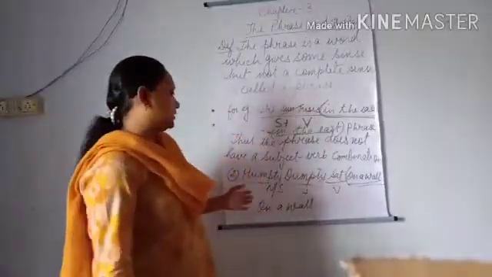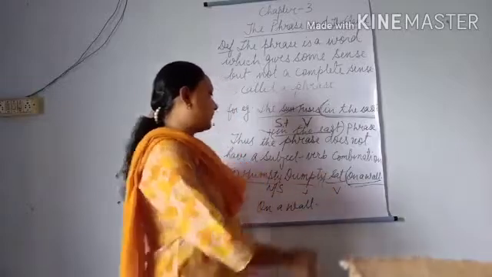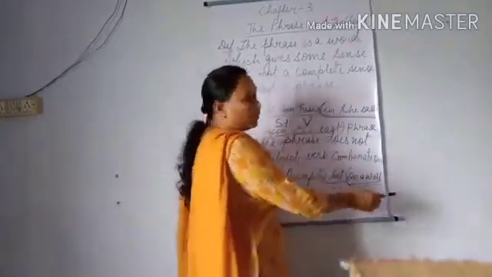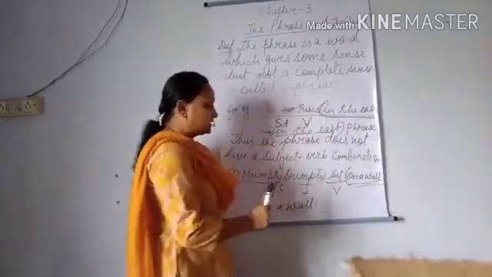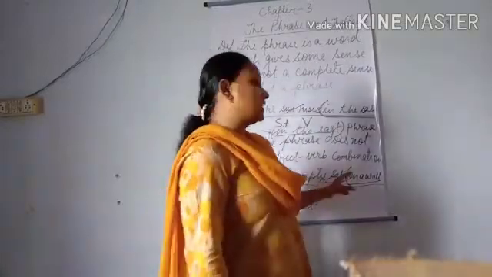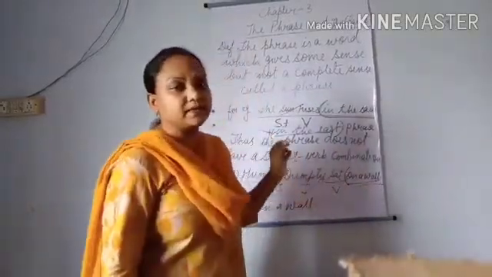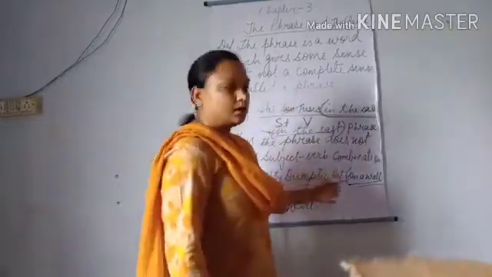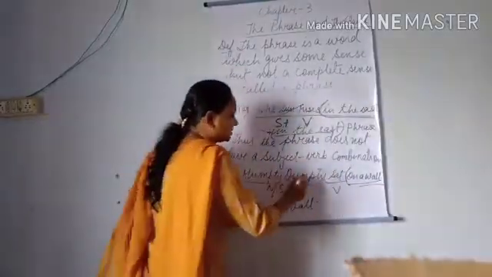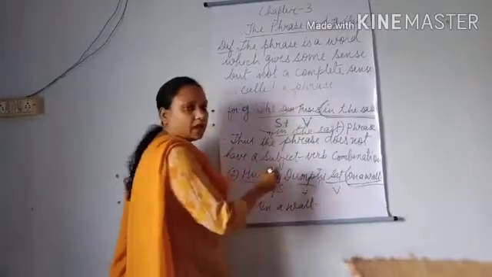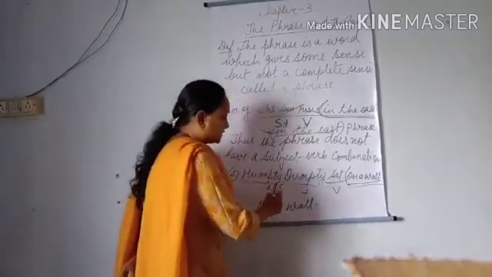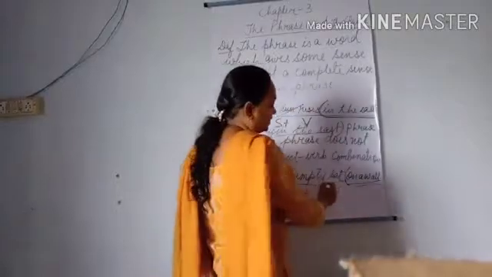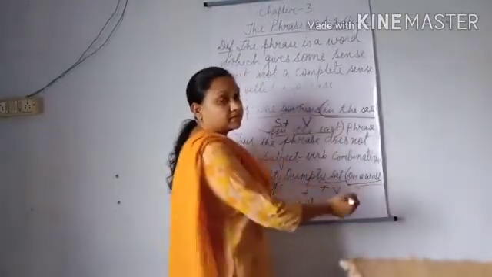Just see the second example. Humpty Dumpty sat on a wall. In this sentence you can see that it is giving a complete sense because there is a subject plus verb. The subject is Humpty Dumpty, which is a noun as well as the subject. Sat is the verb, and where is Humpty Dumpty sitting?